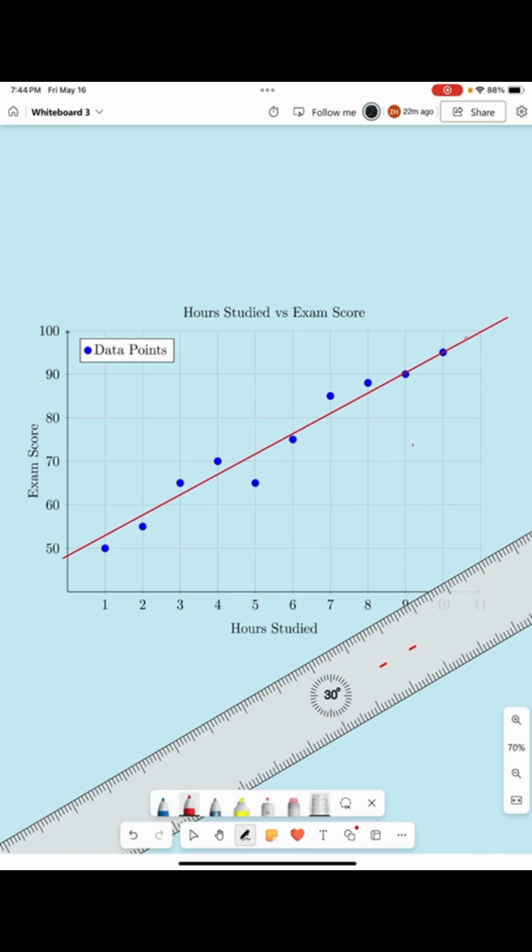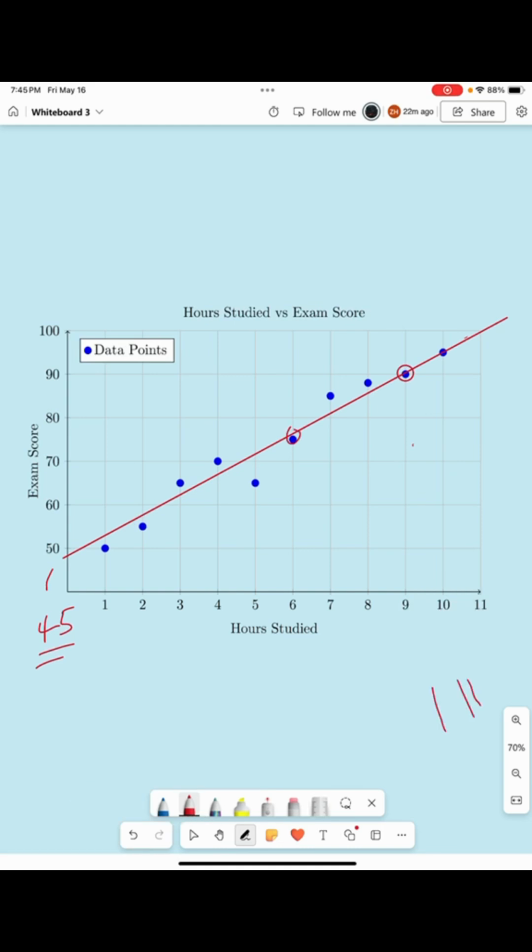So you get your y-intercept, which is close to 45 something. And the slope, we can get an idea of the slope from one point here between 70 and 80. So this point is like 9 and 90, and this point is 6 and I think around 75.